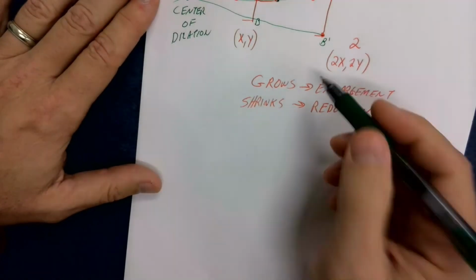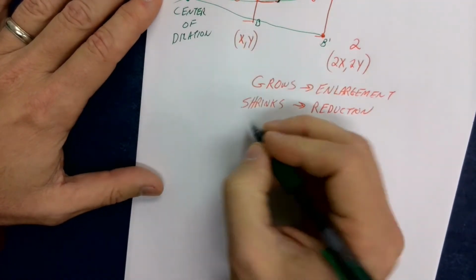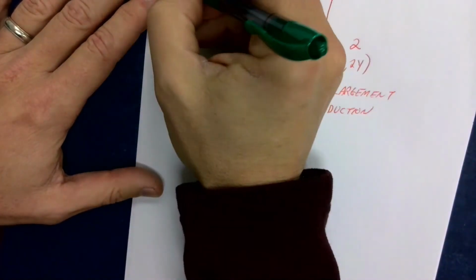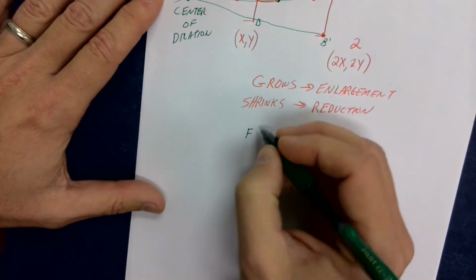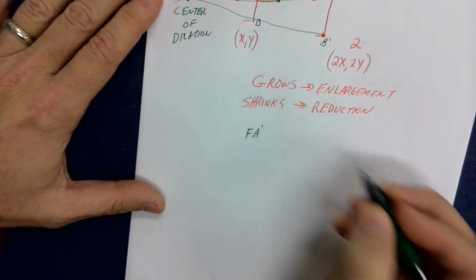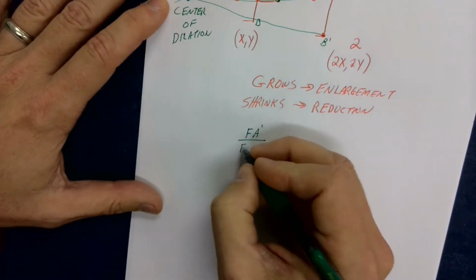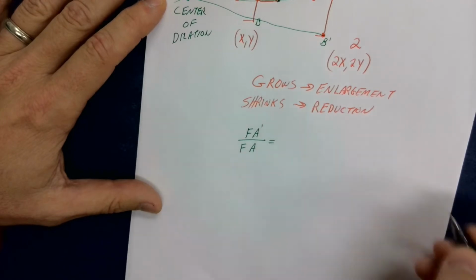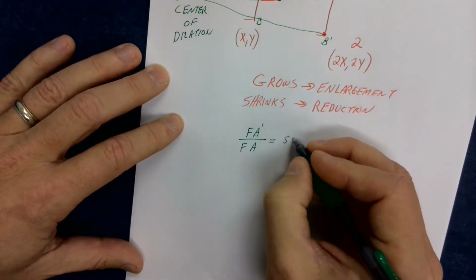And how do I find the scale factor? If I was to take the distance from, let's call this point F, if I was to take the distance from F to A prime, and divide it by the distance from F to A, whatever that is would be my scale factor.